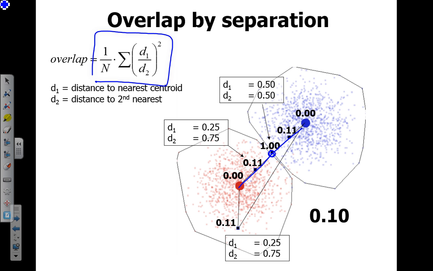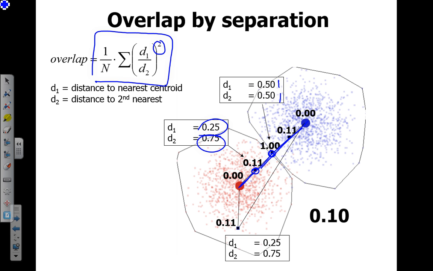We calculate these two distances and then the squared ratio gives the estimation, which we call confusion. The higher the ratio, the higher the confusion between these two clusters. If we take a data point here, it is 1/4 to here and 3/4 to there. For the ratio squared, we get a confusion rate of 0.11.